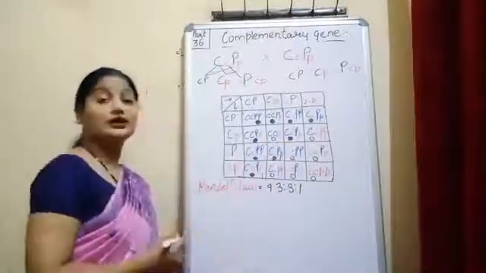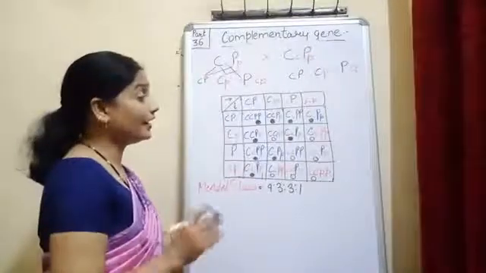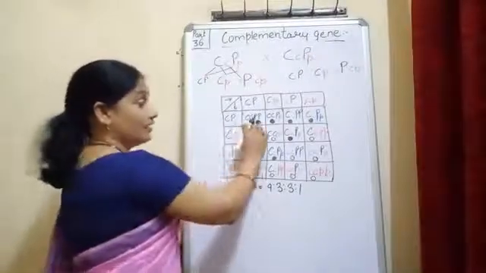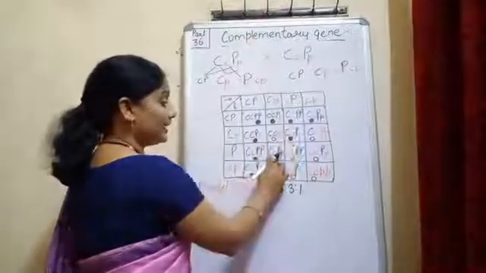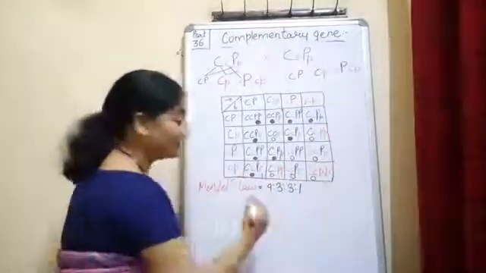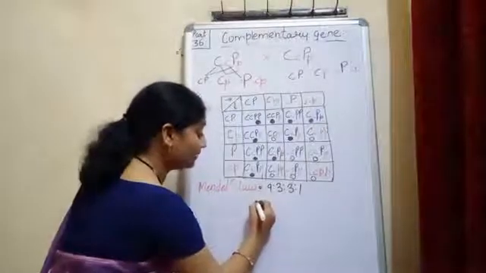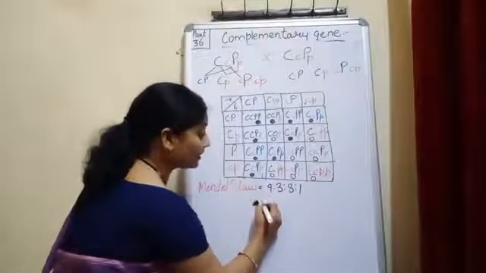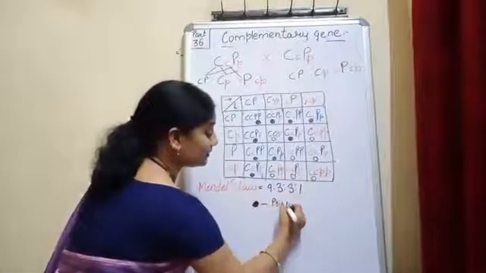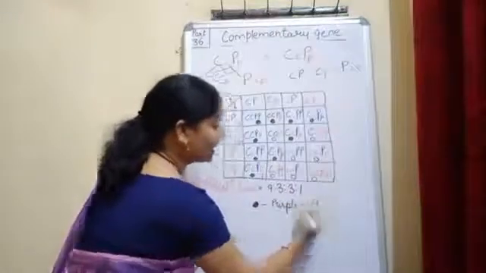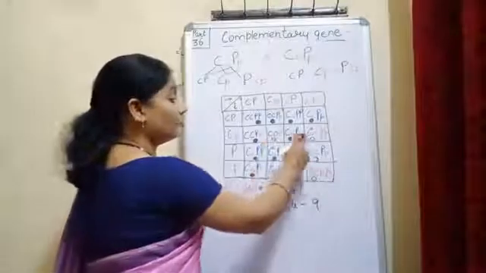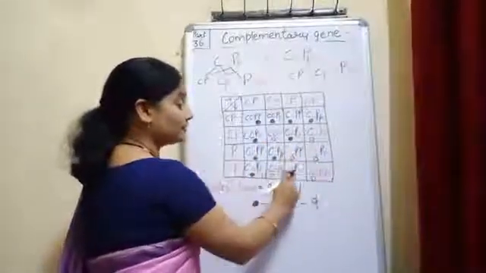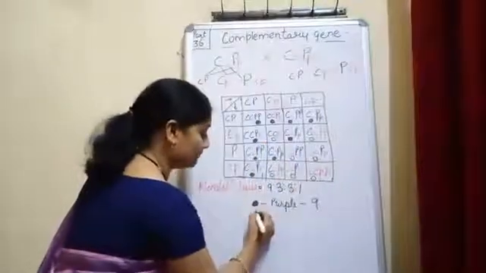Now you count the purple flower and white flower. 1, 2, 3, 4, 5, 6, 7, 8 and 9. How many flowers are purple? 9. Okay. And how many flowers are white now? 1, 2, 3, 4, 5, 6 and 7.